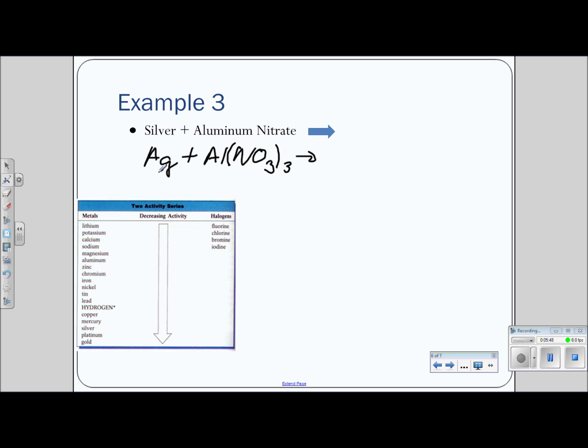Will silver be able to replace aluminum? Is silver more reactive than aluminum? Let us find them on the chart. Here's aluminum, and silver is here. So indicating that aluminum is more reactive. Therefore, this reaction will not take place. And we will write no reaction.